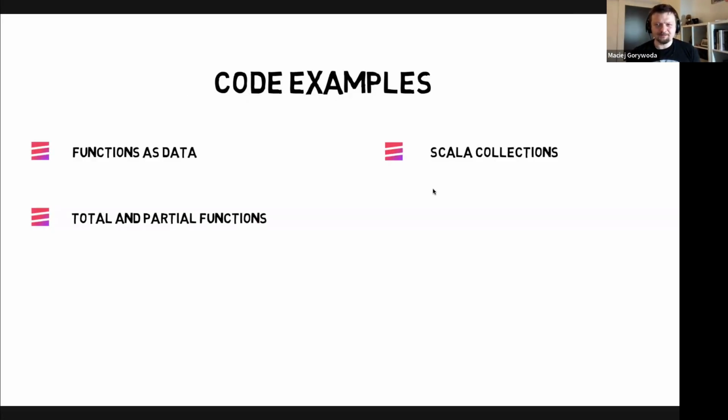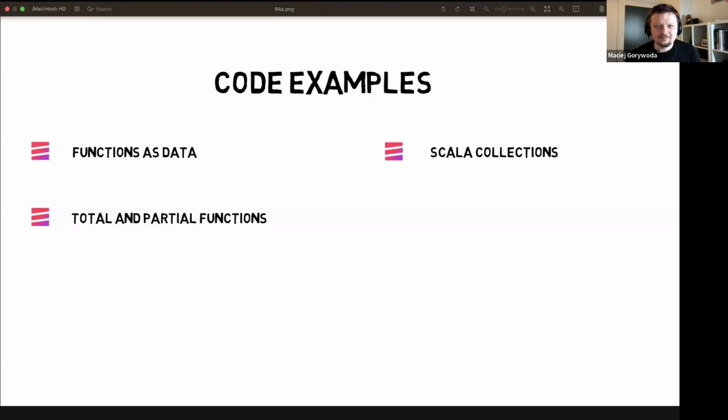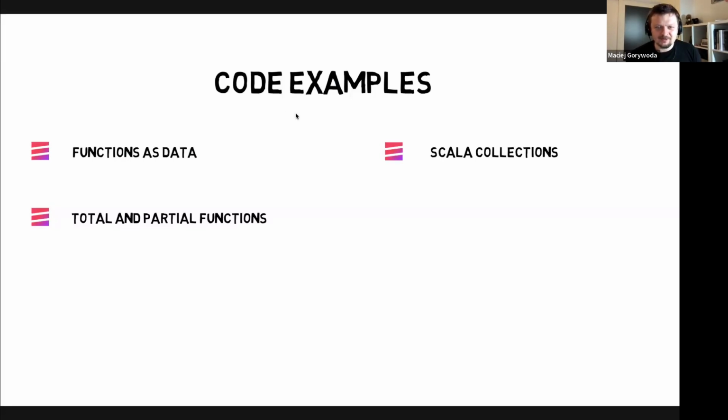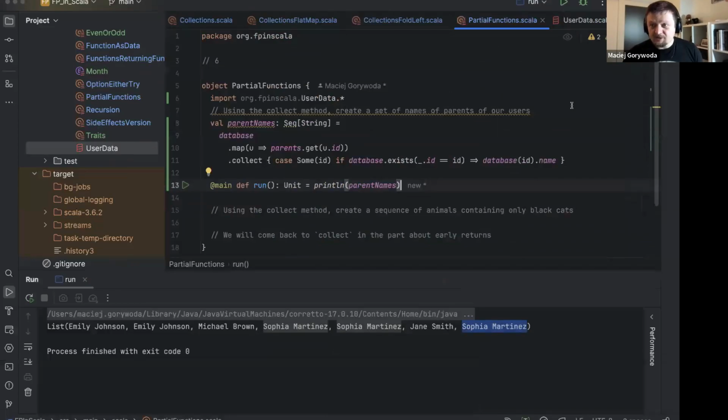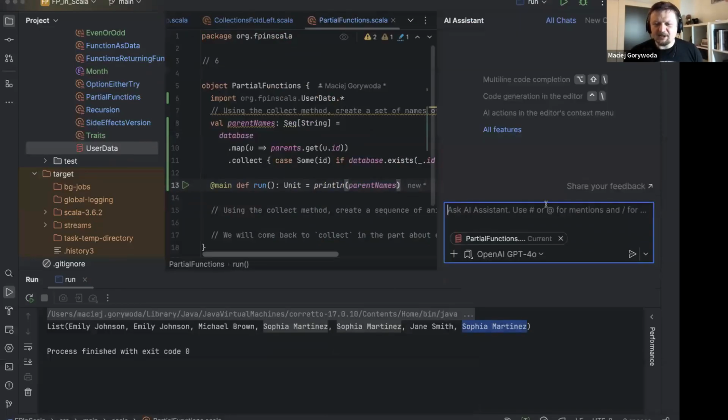Any questions? No questions. I see that someone already answered that. Yeah, this is the AI assistant from JetBrains. Actually, I can also say a bit more. In my case, I use OpenAI GPT for all.